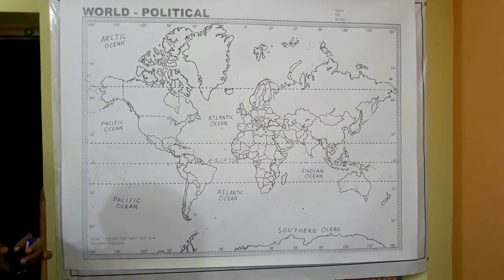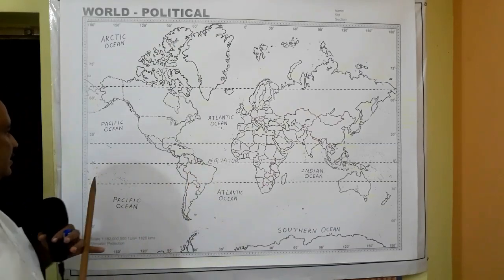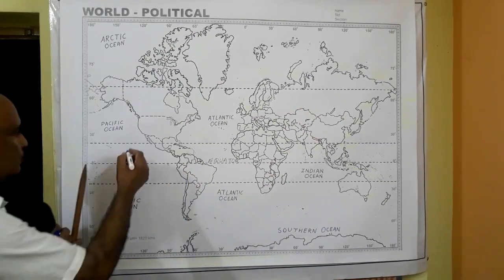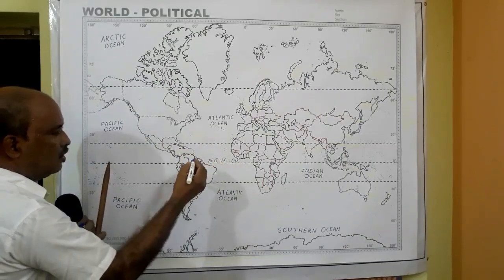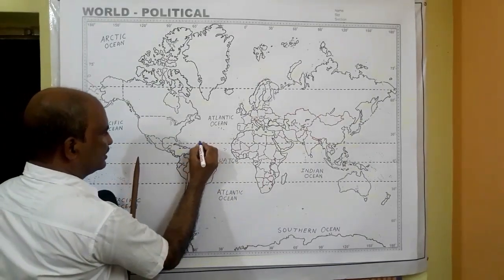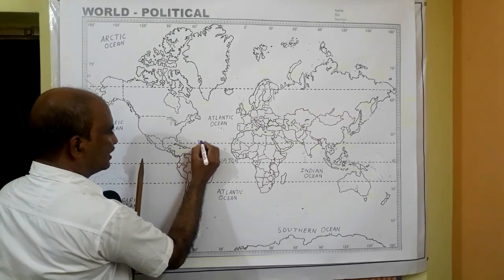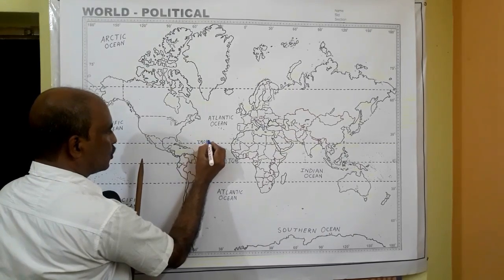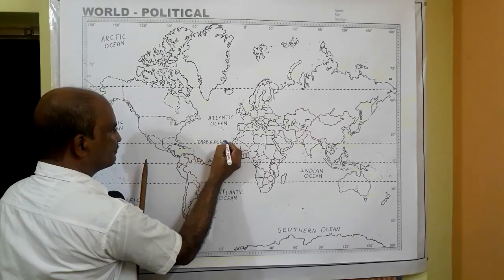Now here, as I said, 0 degree is the equator, so the 23.5 degree north of the equator is called the Tropic of Cancer.